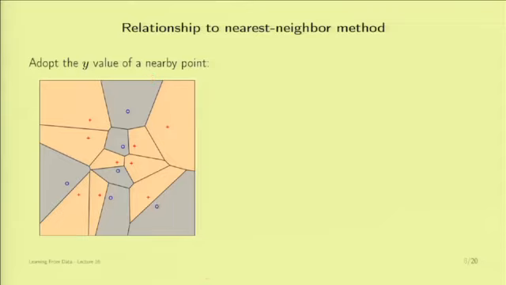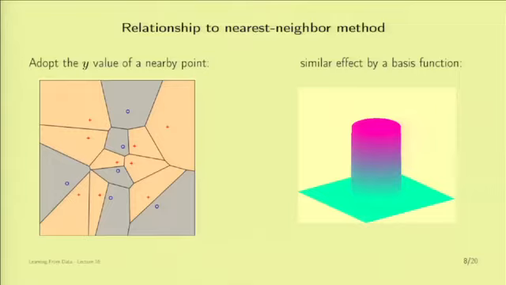Now, if you want to implement this using radial basis functions, there is a way to implement it. It's not exactly this, but it has a similar effect, where you are trying to take the influence of a nearby point, and that is the only thing you are considering. You are not considering other points. So let's say you take the basis function in this case to look like this. Instead of a Gaussian, it's a cylinder.